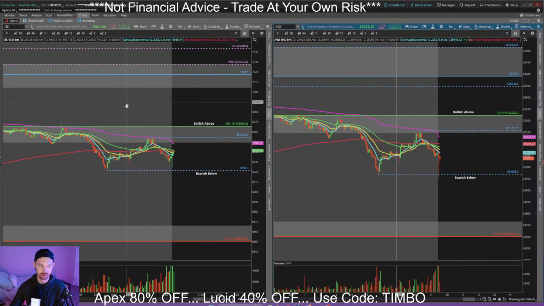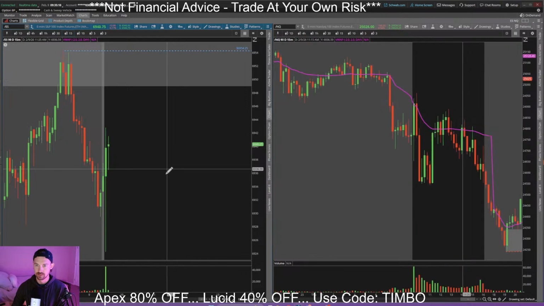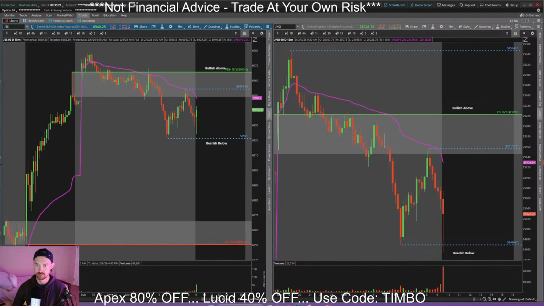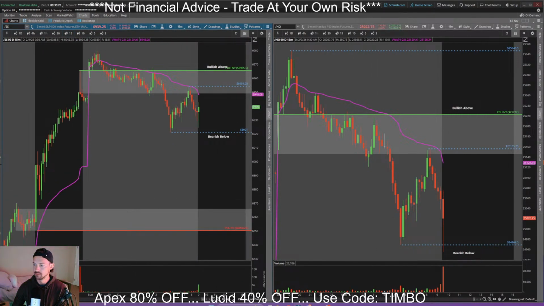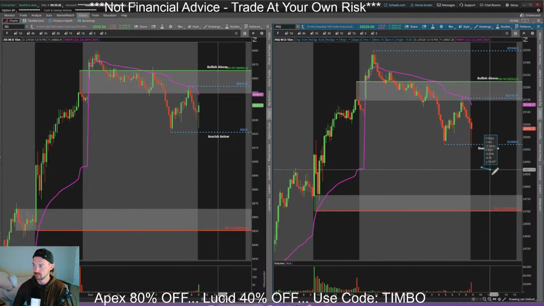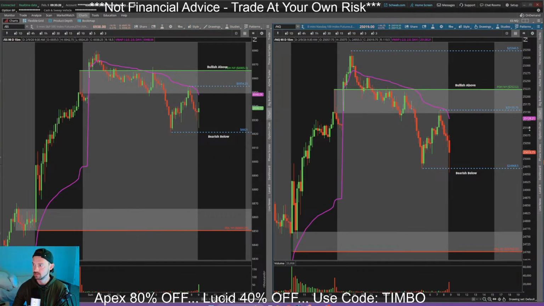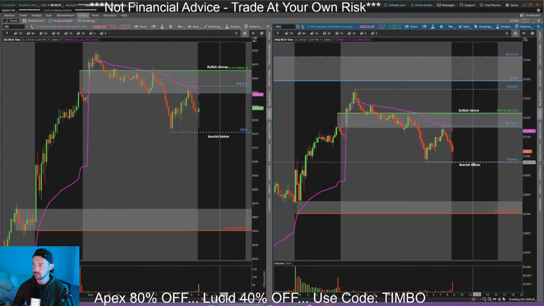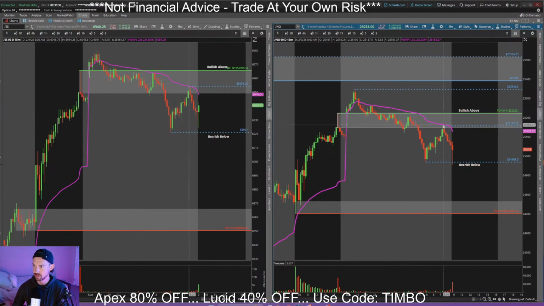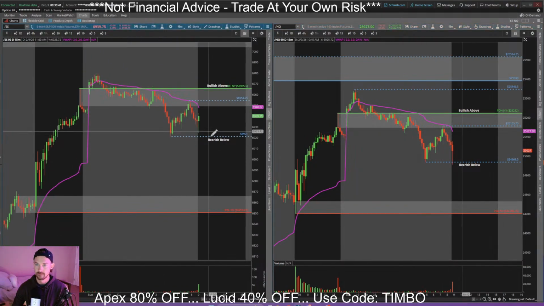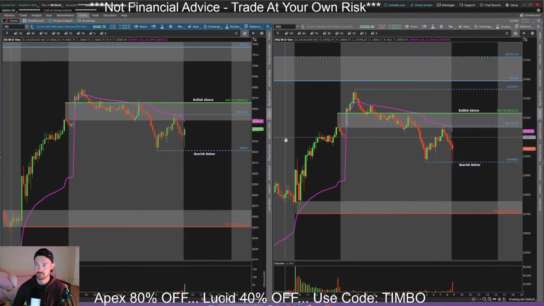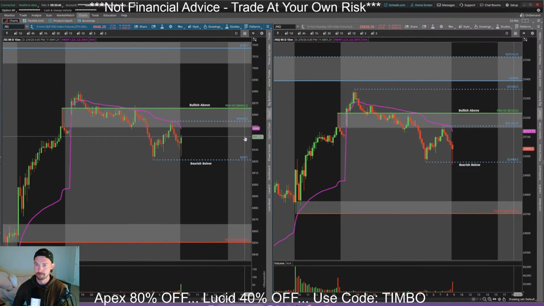Just being patient here, I want to see us get out of this pre-market range and see which way they want to take it. We'll see if the bulls want to hold it up here. Maybe we'll get a break above the pre-market high area and then eventually previous day high. But flipping this 15-minute bullish so far on ES.